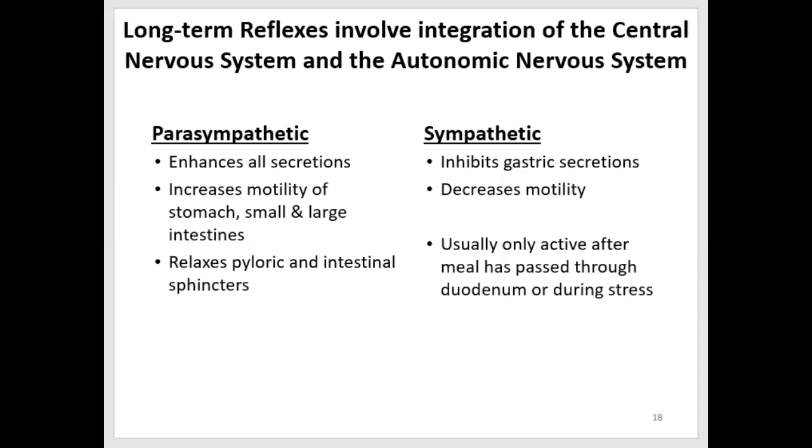The sympathetic nervous system, in contrast, will inhibit gastric secretions and decrease motility. And this is usually only active after a meal has passed through the beginning of the small intestine, called the duodenum, or it can happen during stress.